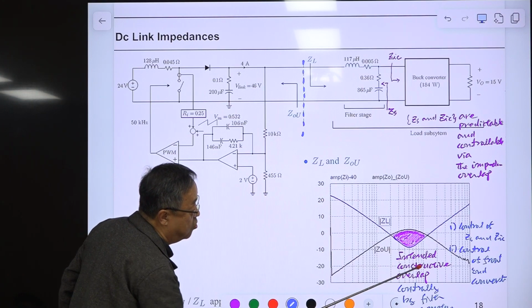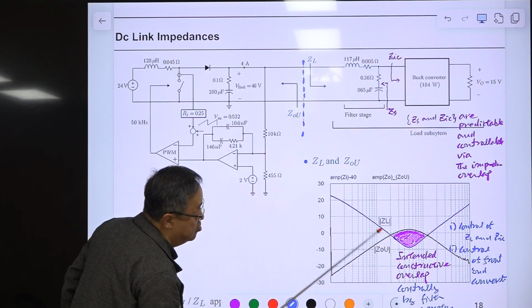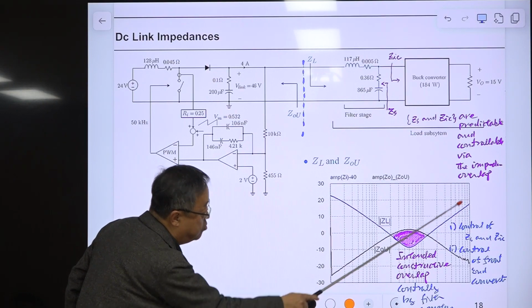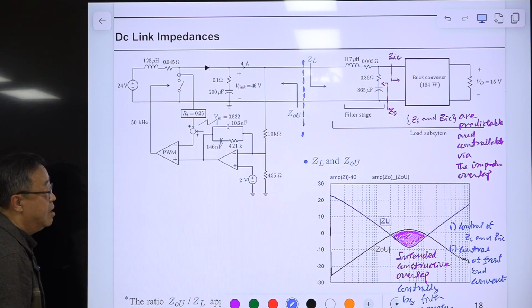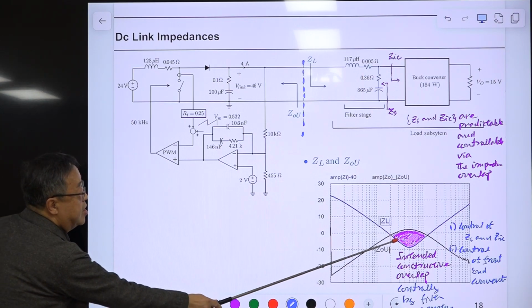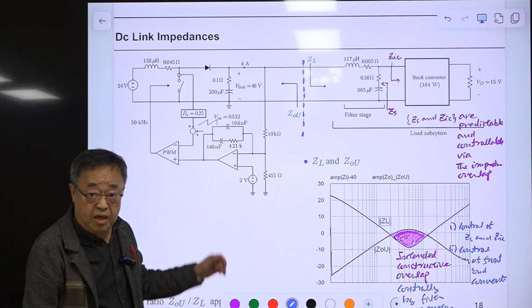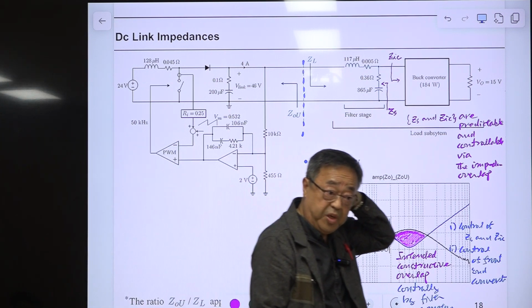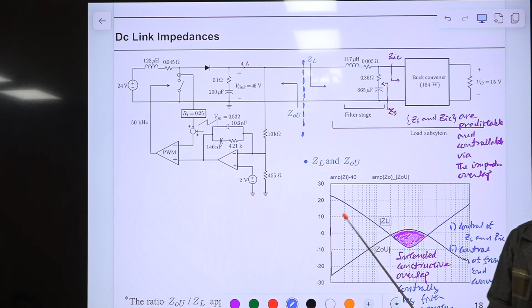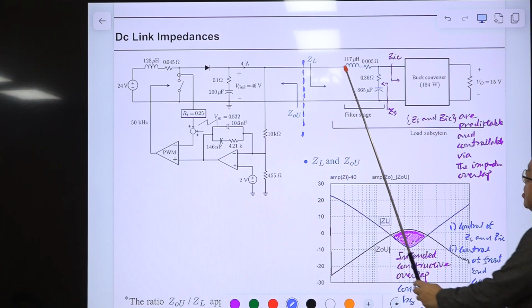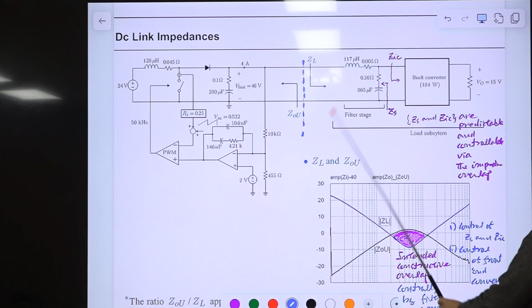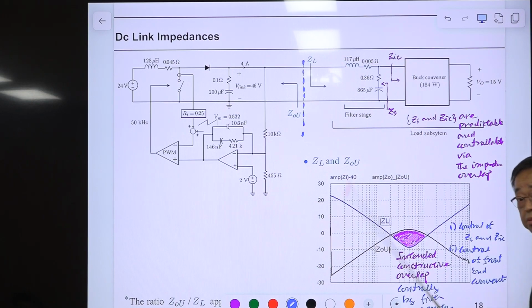Then you have a large overlap, and somehow I introduced this much overlap. Here we call it interface A, and the other one is interface B. So the impedance comparison here is this one, and the impedance comparison here is also important.